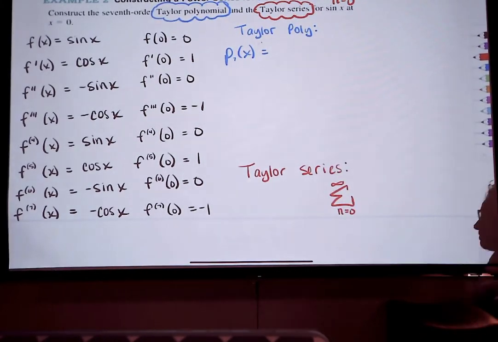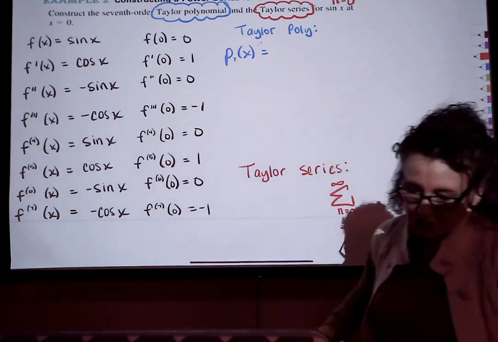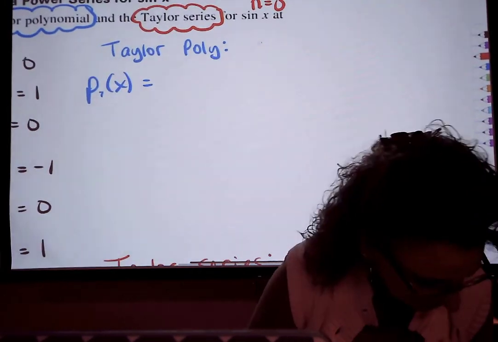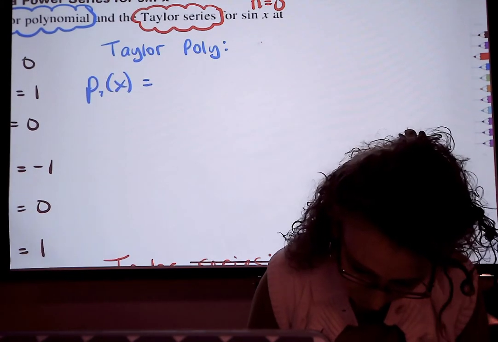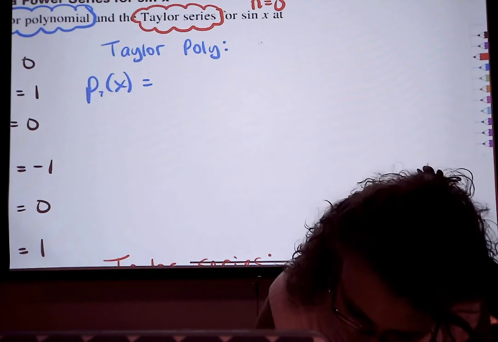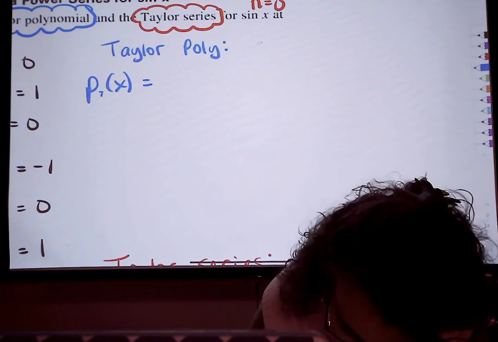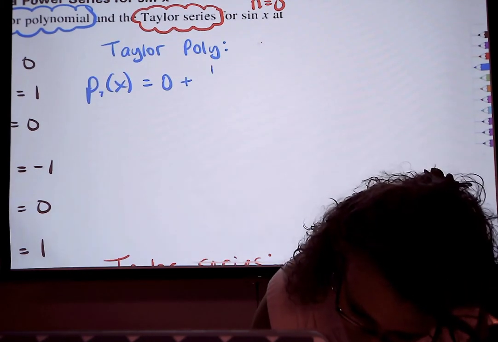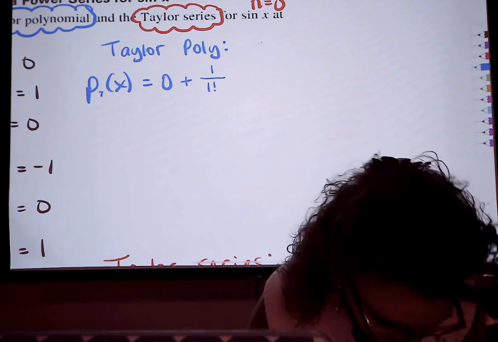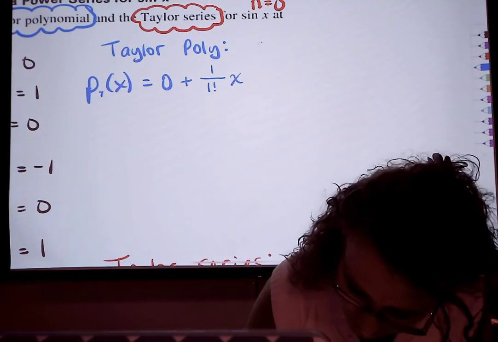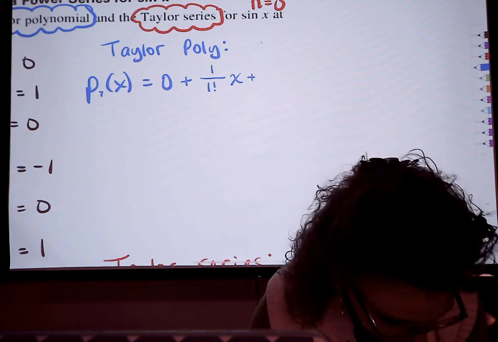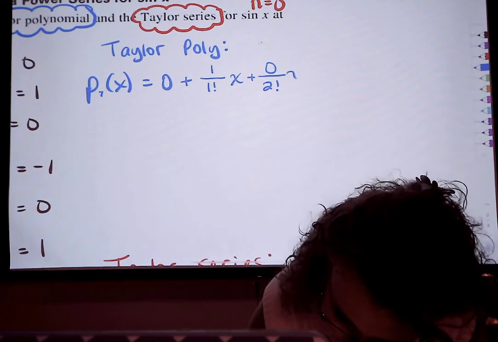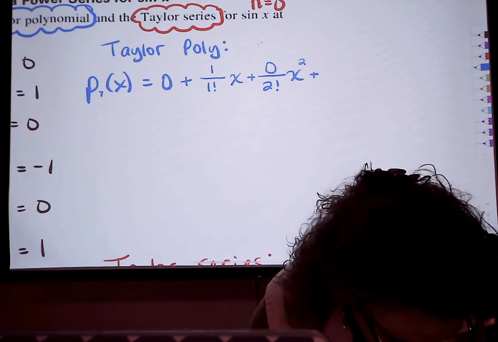So you might want to pause it and copy all that down real quick, or just screenshot it or something. I'm going to go f of 0 is 0, plus the value of my first derivative over 1 factorial times x to the first. The value of my second derivative over 2 factorial times x squared.